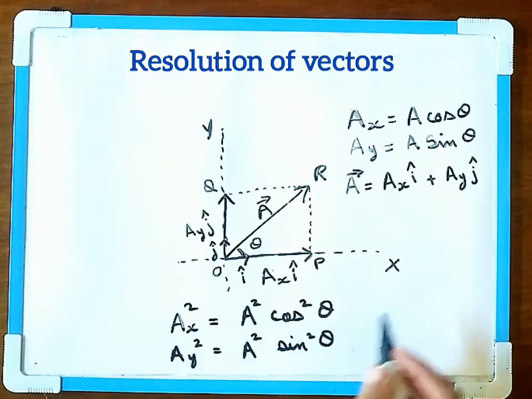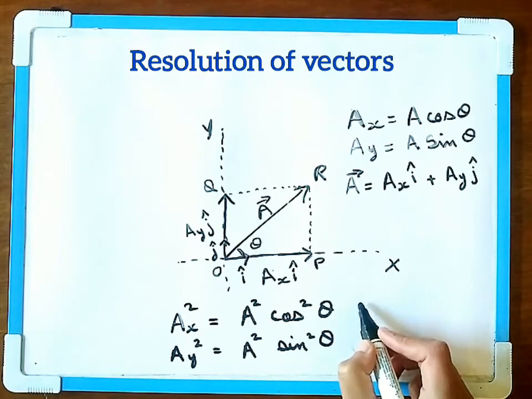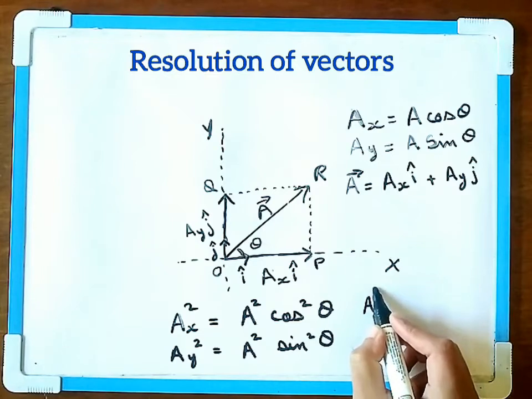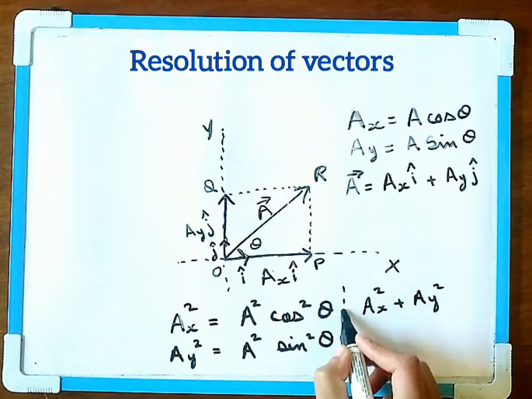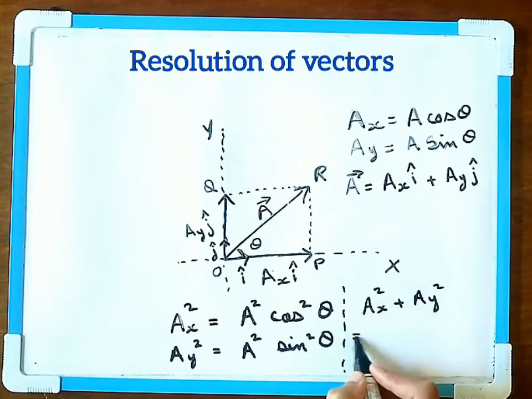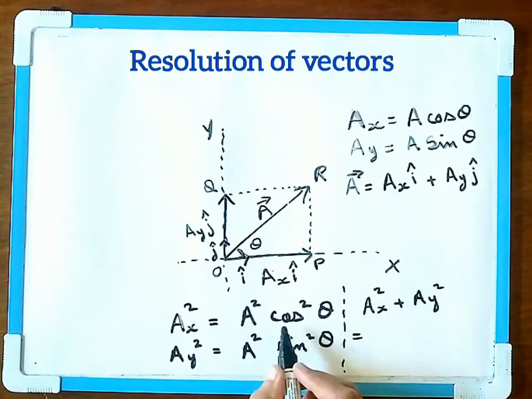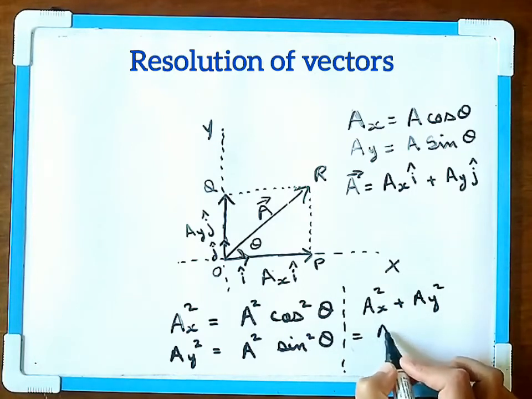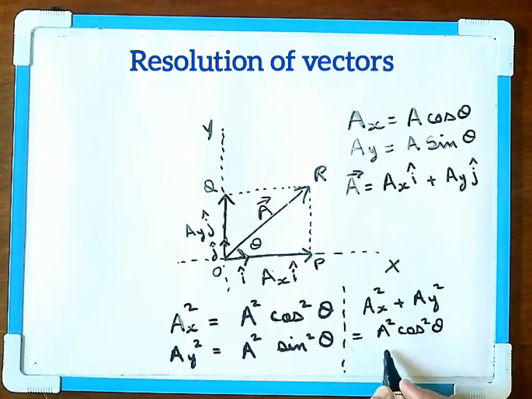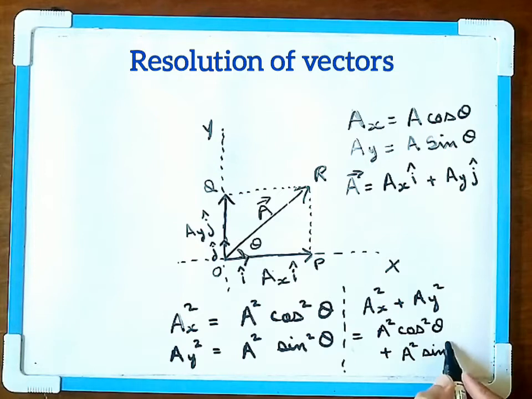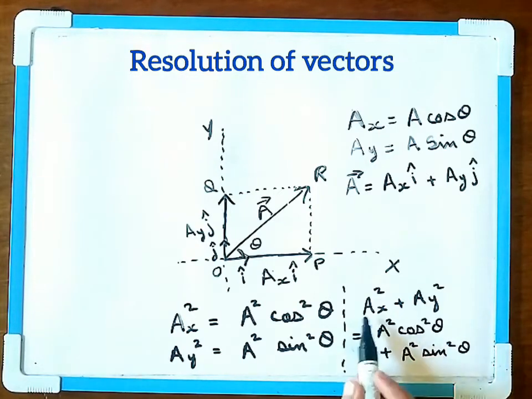So if you add the two equations, you'll get ax square plus ay square equal to a square cos square theta plus a square sine square theta.